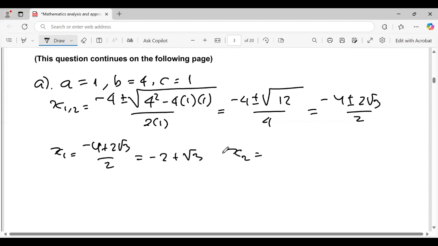And x2 equals minus 4 minus 2 square root 3 divided by 2, which equals minus 2 minus square root 3. These are x1 and x2.